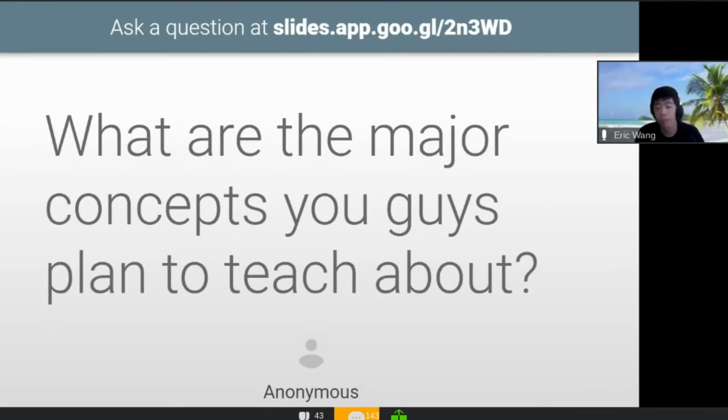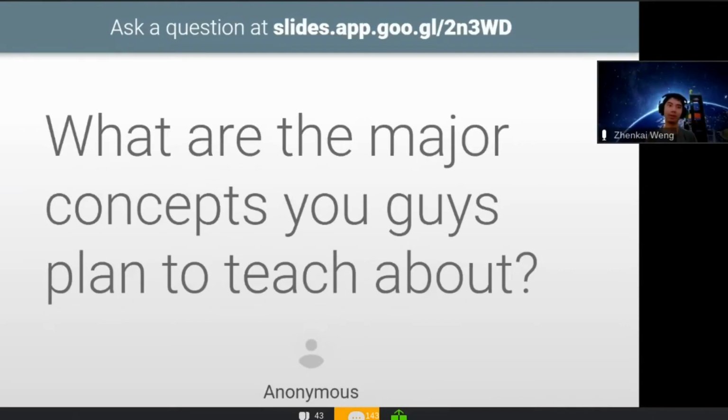We sent out a poll in our sign up form and we've collected the results, so we're just going to be going based off the subjects that people have voted they were more interested in first. If possible, we're probably also going to go into computer architectures, like how computers work on the inside, if we have the time.